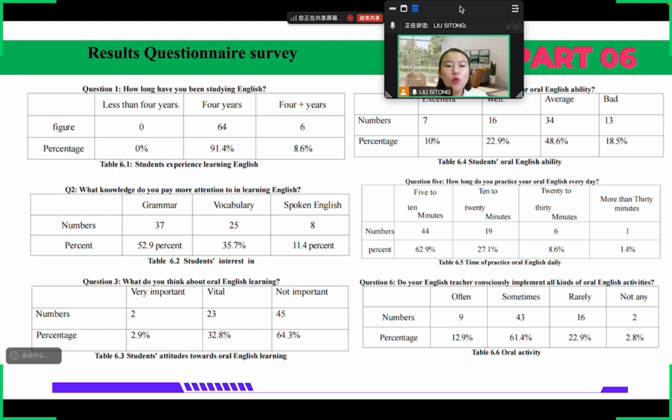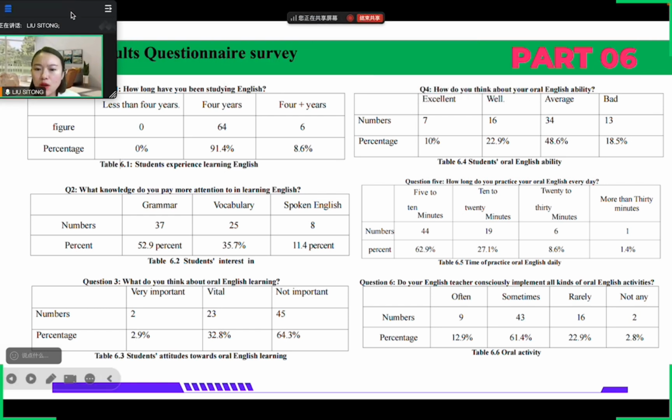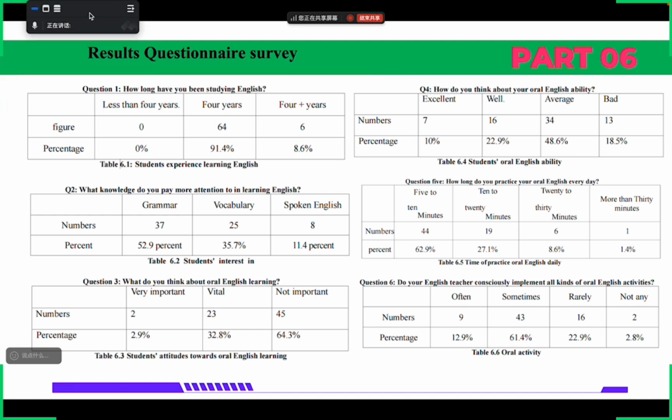Only 1.4% of students prioritize speaking skills, while 52.9% focused on grammar and 35.7% on vocabulary. 64.3% of students believed speaking skills were unimportant because they are not tested in the exam.